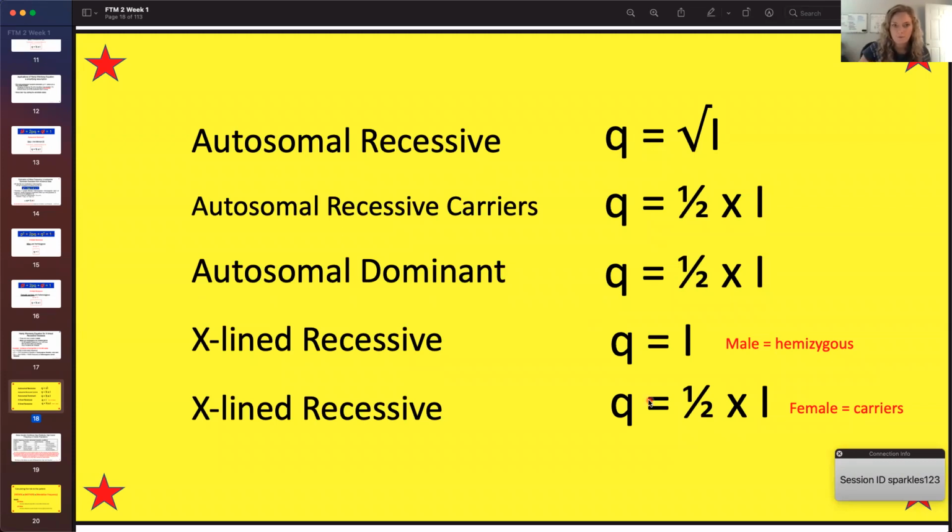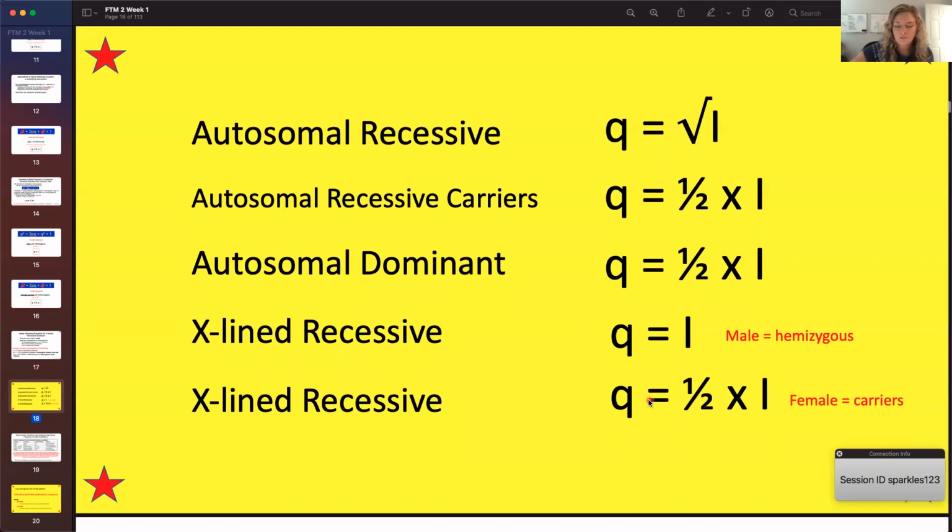So that's why that would be the same. The X-linked recessive affected would just be equal to the incidence because those are all going to be affected, but the carriers would be heterozygotes, and that's why it would be the same as the heterozygous state you're thinking about with people that are affected in an autosomal dominant disorder. Does that make more sense?